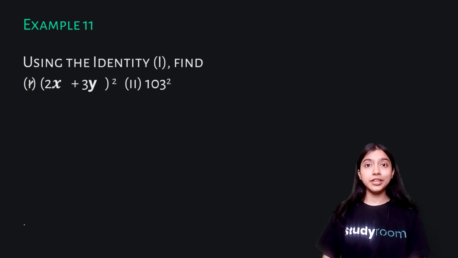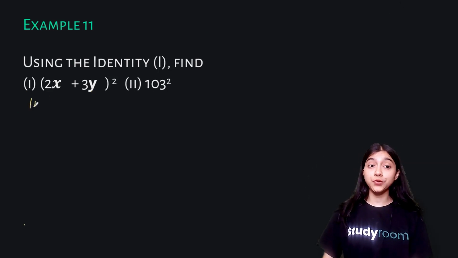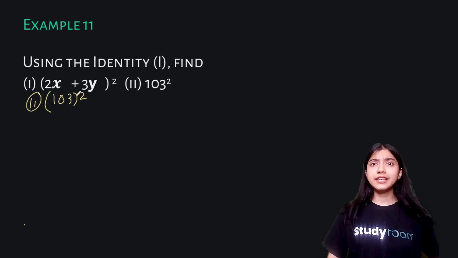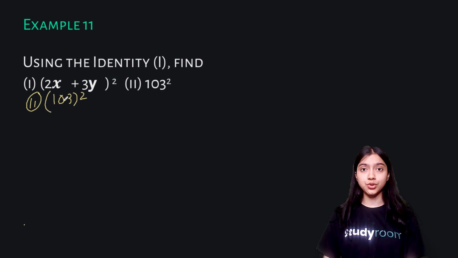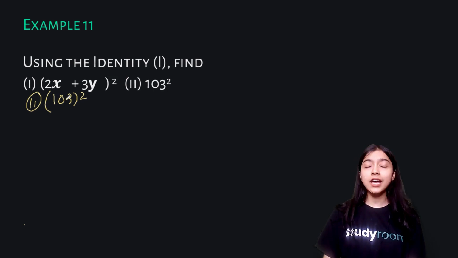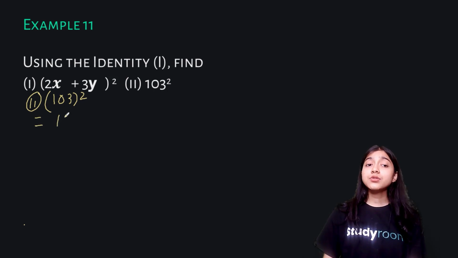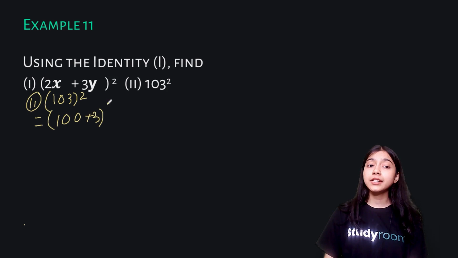Now let us solve another question using identity, and the question over here we have is 103 whole square. Now you might be wondering that we can calculate 103 whole square by simply multiplying 103 into 103. But I have an easier and quicker method to do it by using identity. Can I not write 103 as 100 plus 3 and then I'll take the whole square?